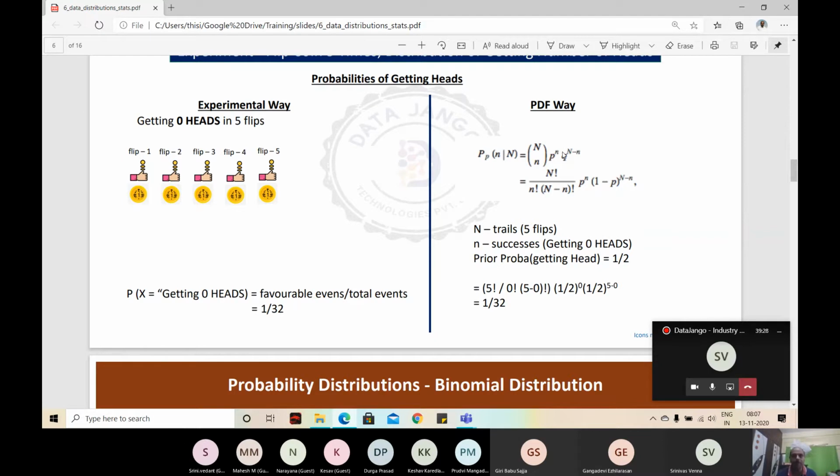Probability density function means what? A formula that calculates this probability. What I did here to calculate the probability, I looked at the combinations. For 0 heads, the combination out of 32 is only one, so I calculated 1 by 32.